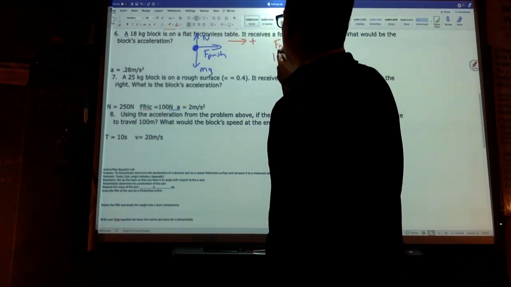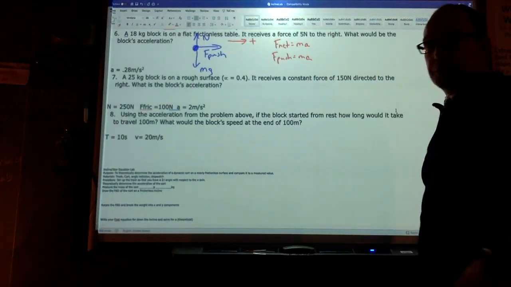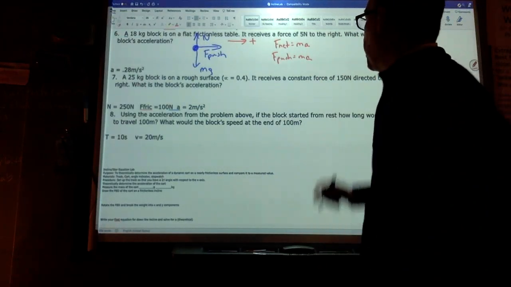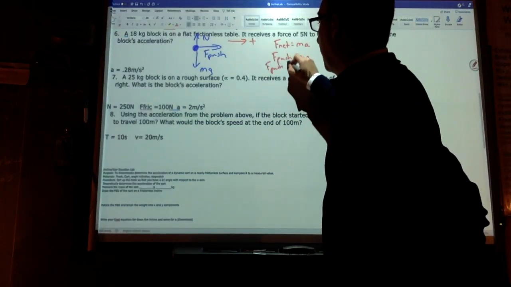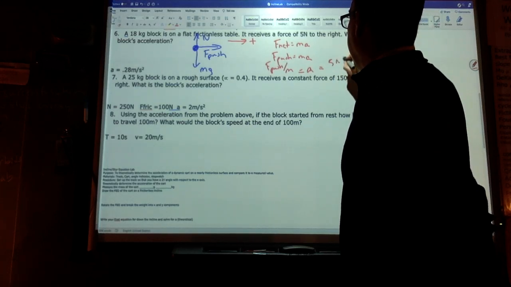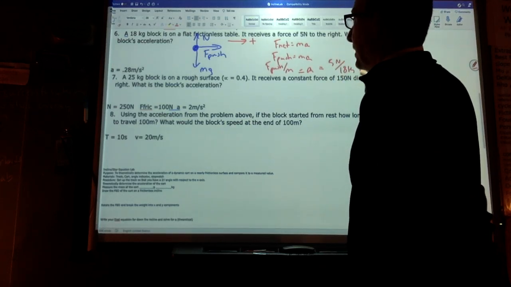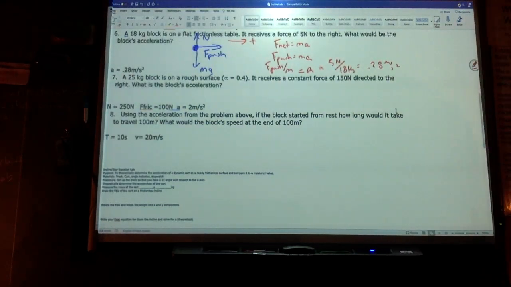I only have one force, so that is what's causing my acceleration. And then my acceleration is going to be this F push divided by m. So this is going to be 5 divided by 18, which is 0.28 meters per second squared.